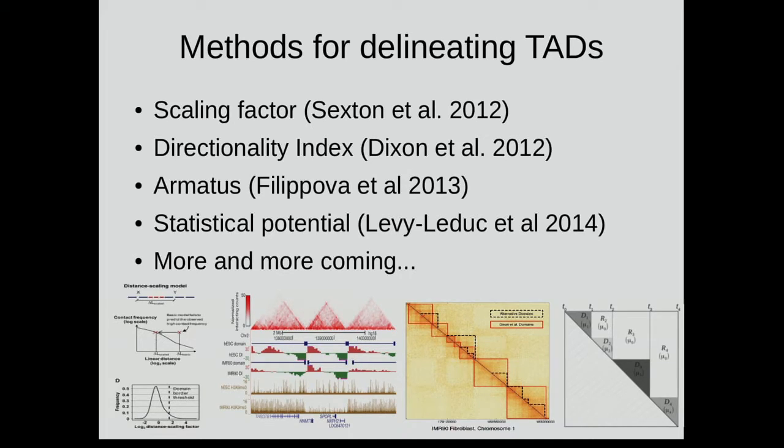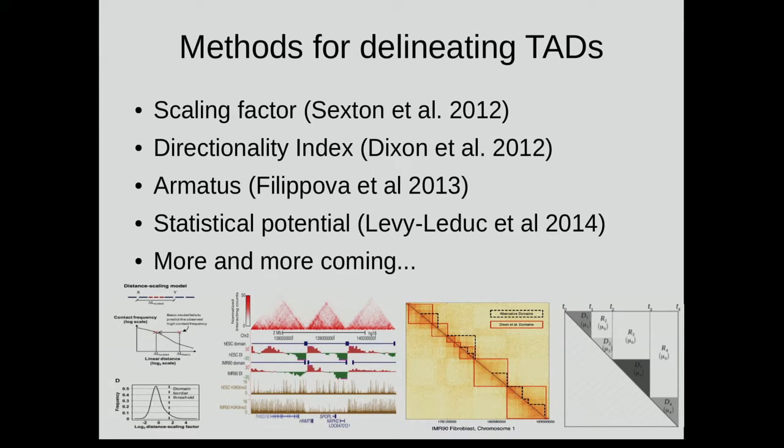Similarly to the statistical potential, one of them is really looking at those heavy elements close to the diagonal. This is a figure from the Levy-Leduc paper from 2014. You usually have a certain model where you have rectangles with a different contact frequency close to the diagonal, and then less frequent contacts outside of this.